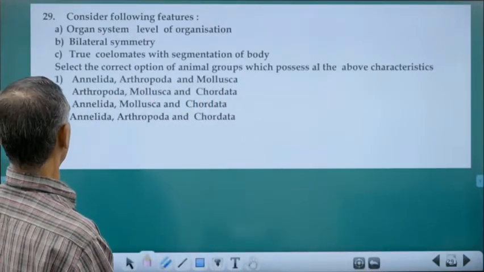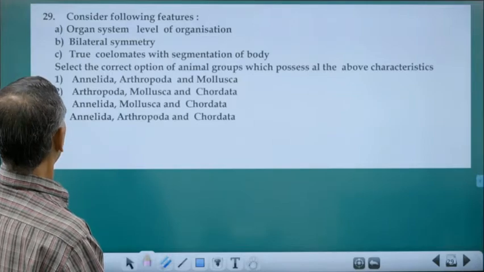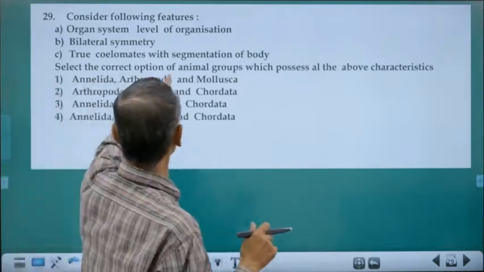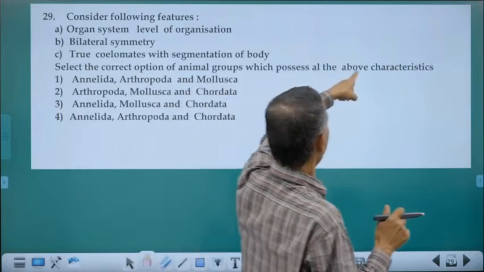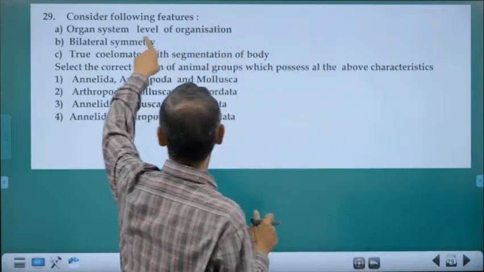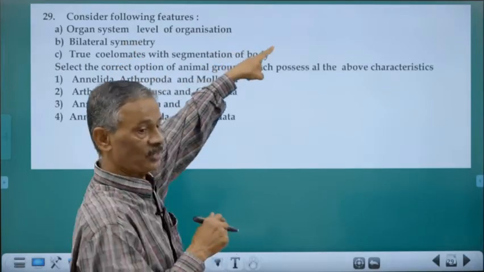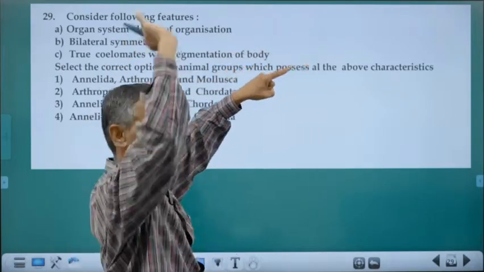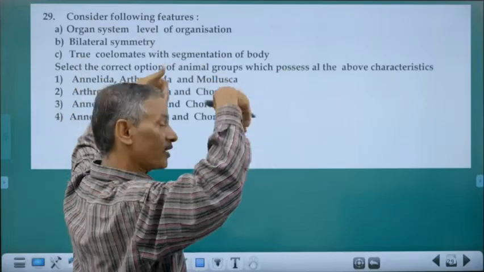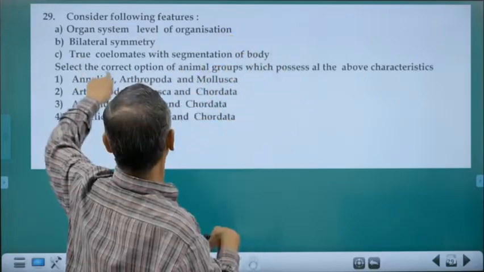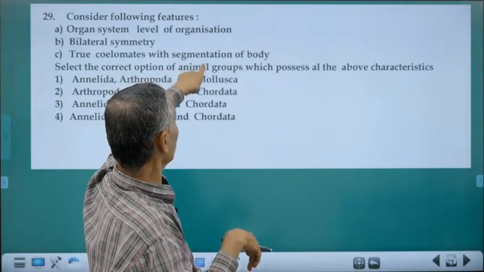Consider the following features. We are given a set of characters. From that, you have to select the option of the animal group in which all the above characters are seen. Organ system level of organization. So, from Aschelminthes onwards. Bilateral symmetry. So, that excludes Echinodermata. True coelom with segmentation.